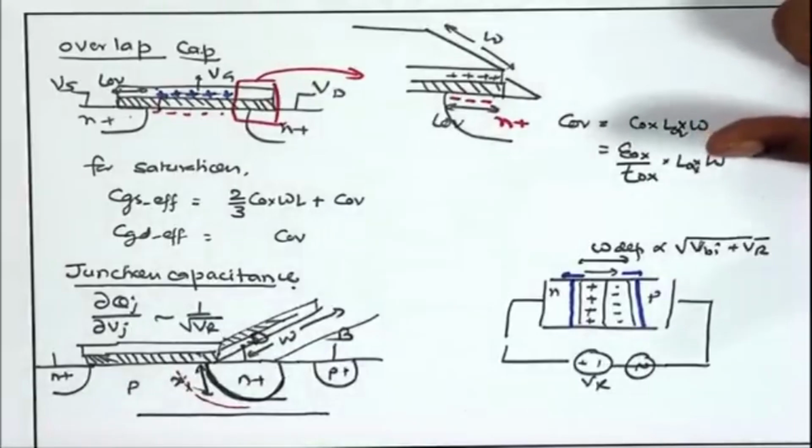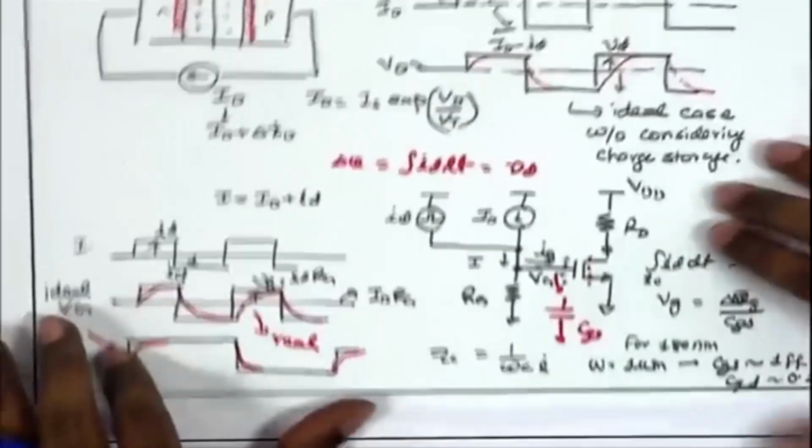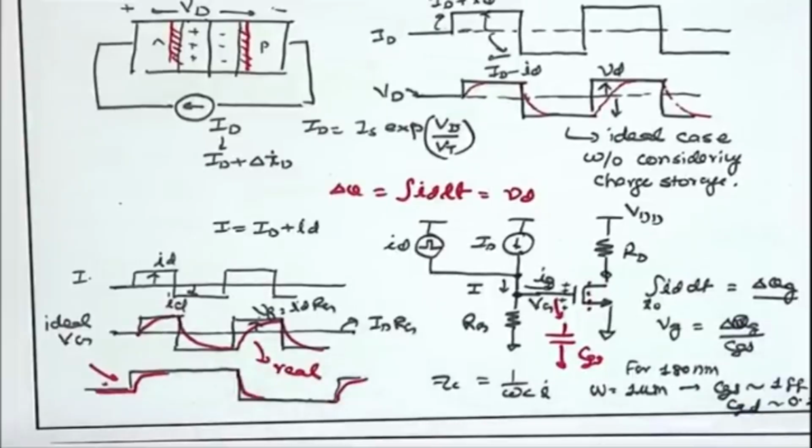Okay. So, another question, probably requiring some more discussion on the topic of circuit response or speed response, the effect of parasitic capacitances on the speed response.